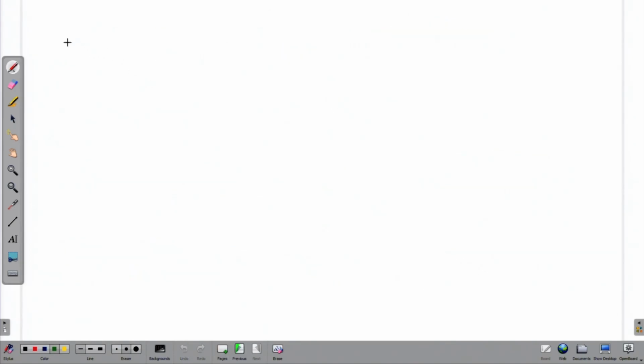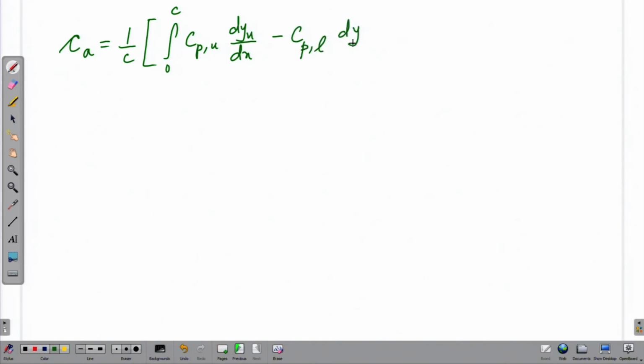In a similar manner, you can write an expression for axial force coefficient. As long as you have details of the geometry, the dy by dx values can be computed at each and every point, and thereby you can numerically integrate these expressions.